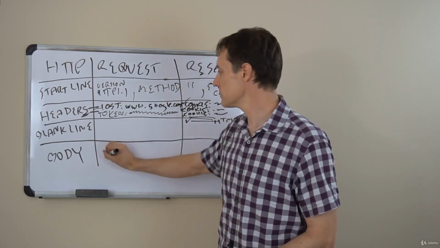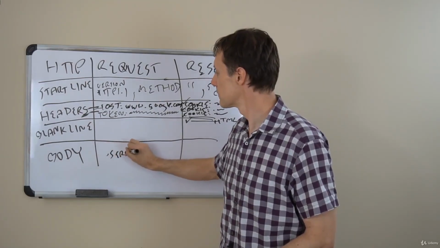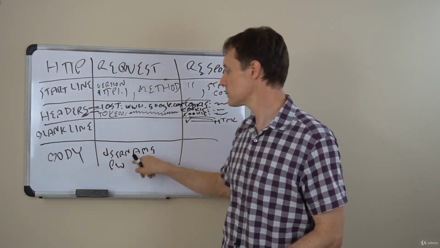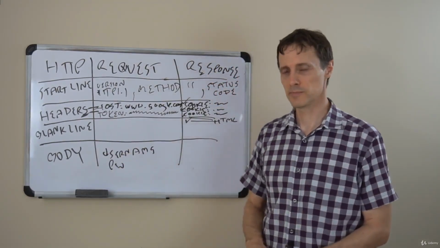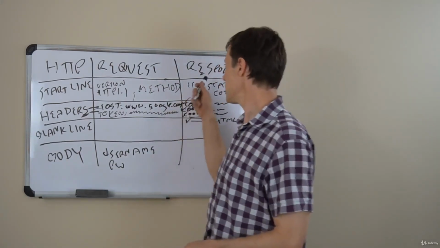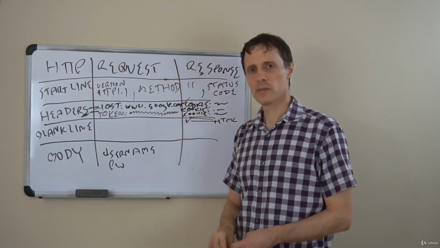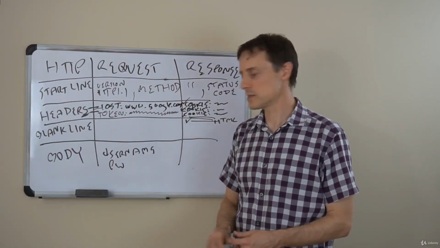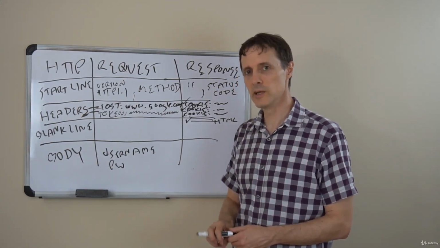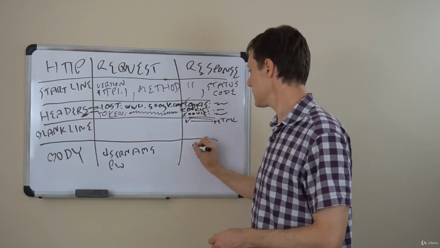Well, in the body is the username and the password, right? We specify that in the body. And in the response is what we requested. For example, www.google.com, in the body is the HTML web page.